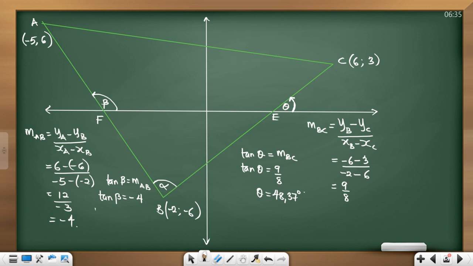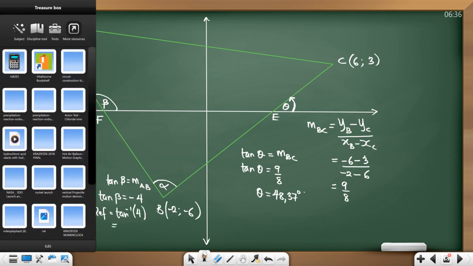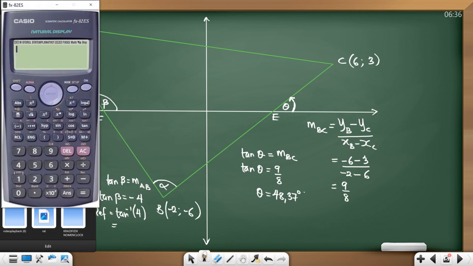Is that okay? So I'll be looking for my reference angle, which is what? The arctan of 4. All right? The arctan of 4. And what would that be? Remember that we know it's in the second quadrant and it must be obtuse. But what is the arctan of 4? 75,96.